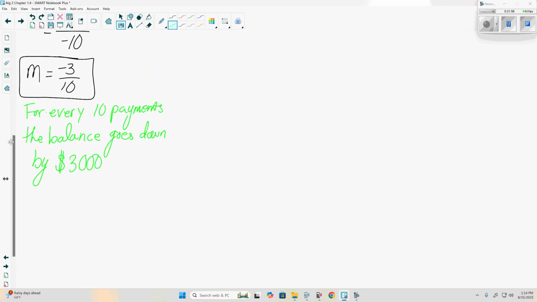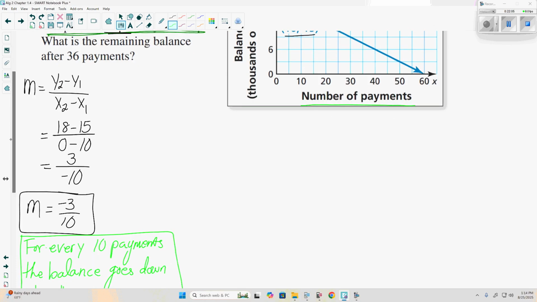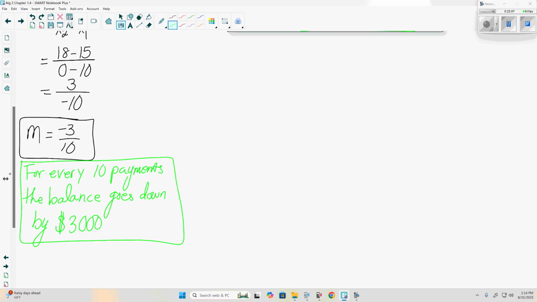Now, the reason they do it this way and they don't list it as 3,000 or 18,000, 12,000, 6,000 is that it makes the graph easier to look at. We scale it so it is easier to work with, easier to look at and see. Because otherwise our scale would be really big.